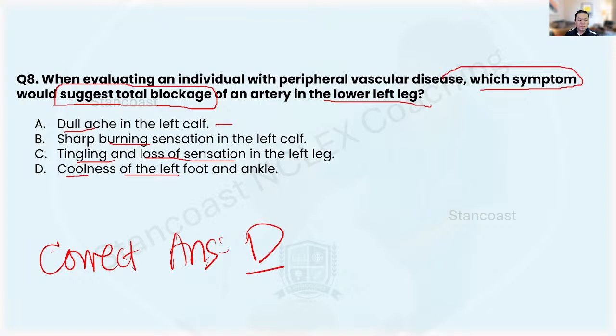So this is much more associated with partial artery occlusion.